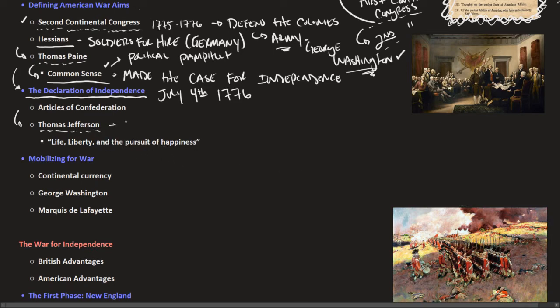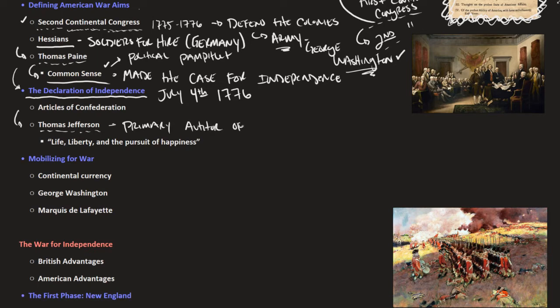It was technically a group project. Five people were assigned to work on the Declaration. Jefferson, Franklin, and John Adams were amongst the group, and Jefferson was assigned with writing it. And so mostly, we would consider him the primary author of it.